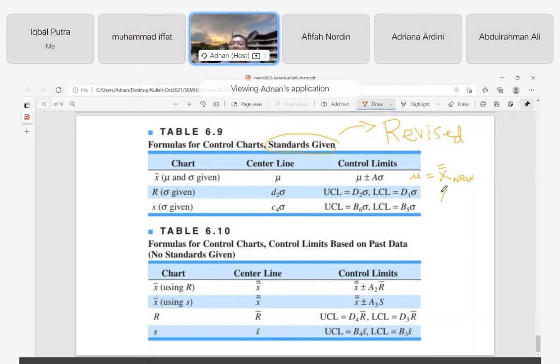So different notation is being used by different people. Sometimes they use it like this to show the standard value, which is sometimes also estimated from the new.